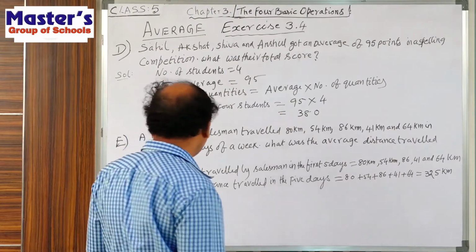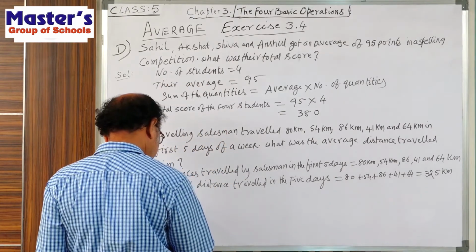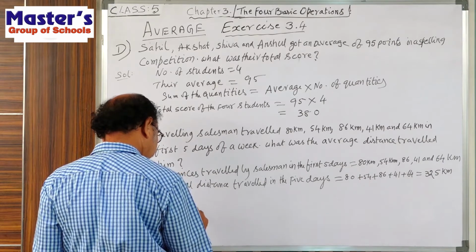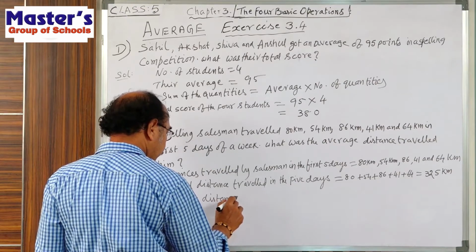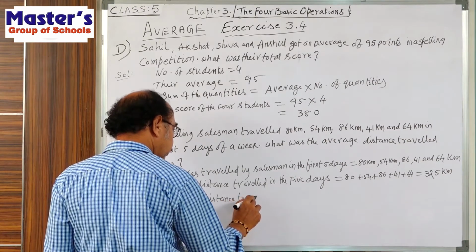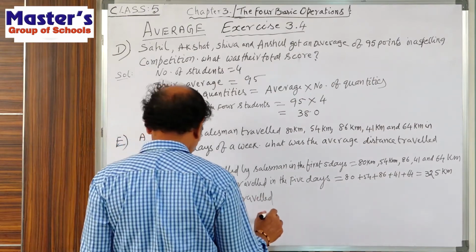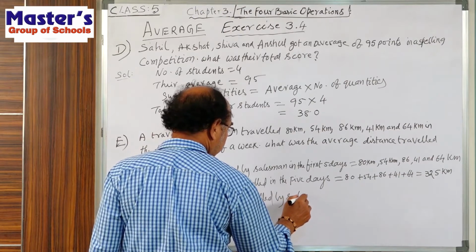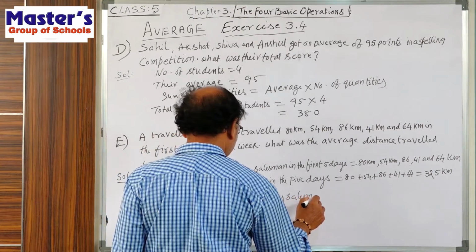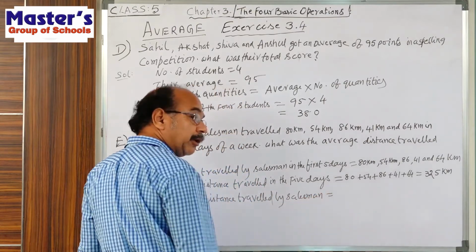Now average. He asked the average distance traveled. Average distance traveled by the salesman is equal to, what is the formula?